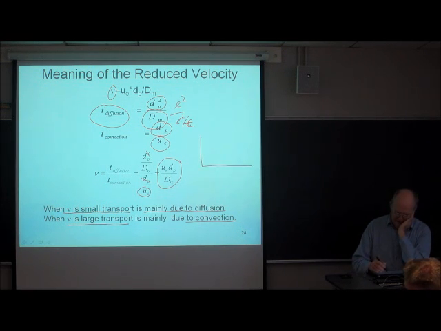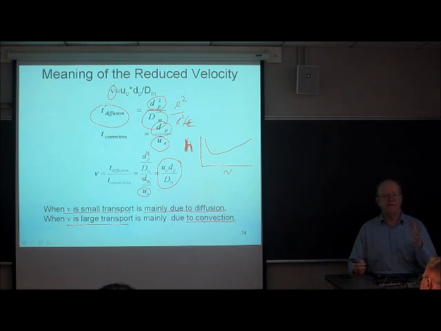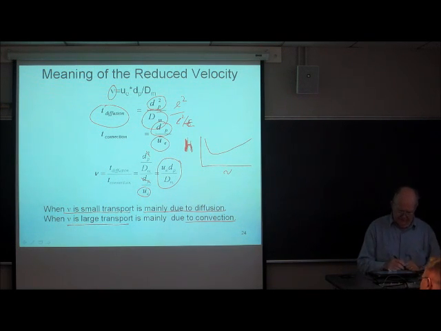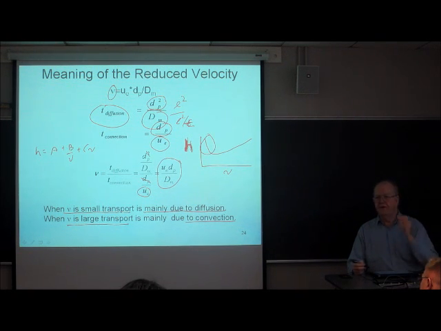Think about the plot of h, sorry, little h versus nu, the Van Deemter plot, it's like that. When nu is small, the b term is the dominant contribution. The b over nu term is the dominant contribution. You're over here. Diffusion is dominating transport. So the b term is going to dominate.